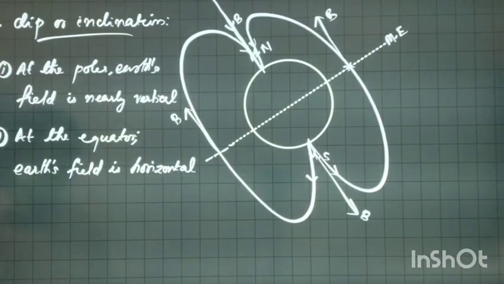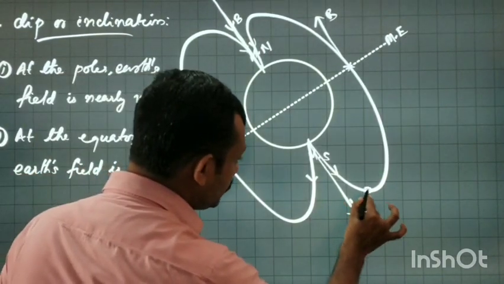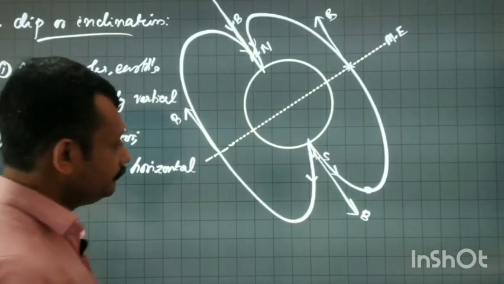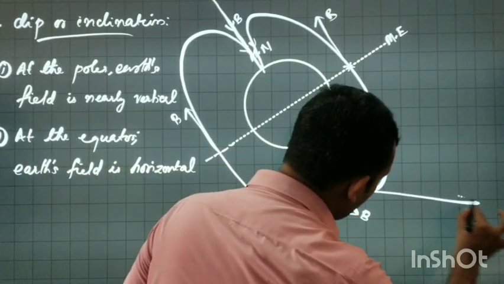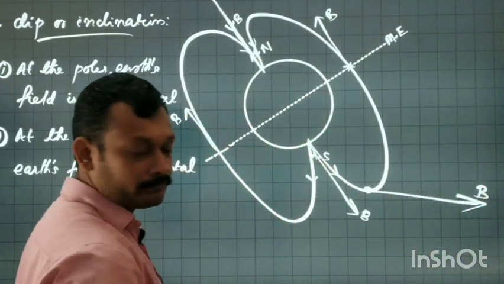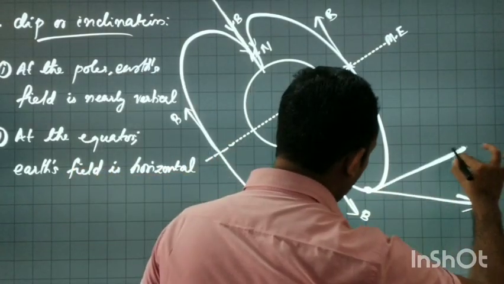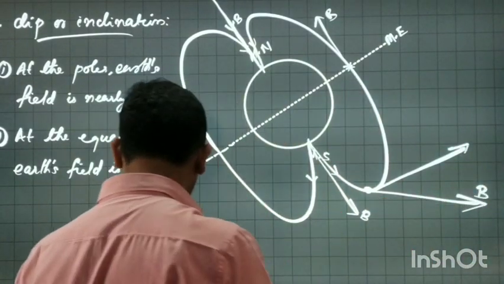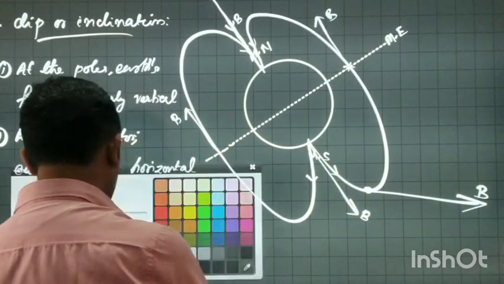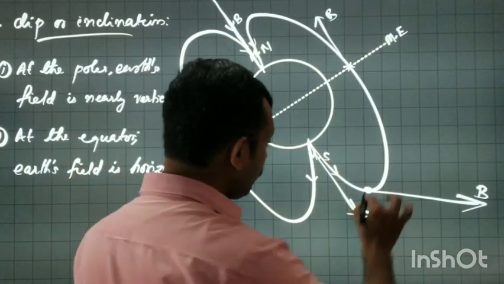Now the question I am asking. Suppose I take a point somewhere here, how will you represent Earth's field? You will represent Earth's field like this, as a tangent. Now this field can be resolved into two components using vector resolution.